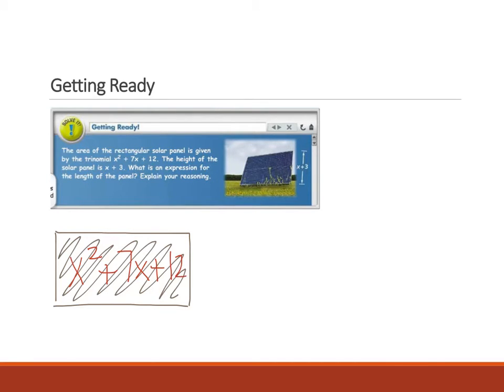Now remember that area can be found by taking the length of the rectangle and multiplying it by the width. So the entire area, x squared plus 7x plus 12, can be found by multiplying the length by the width.